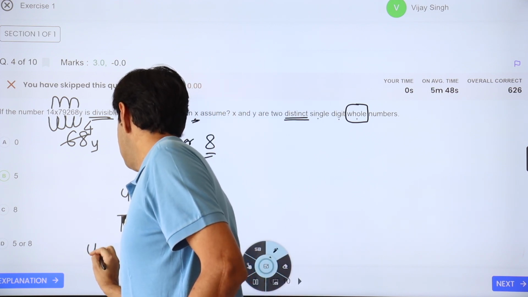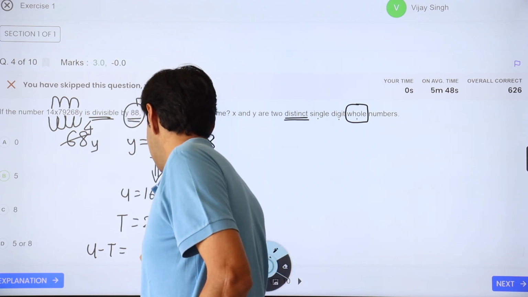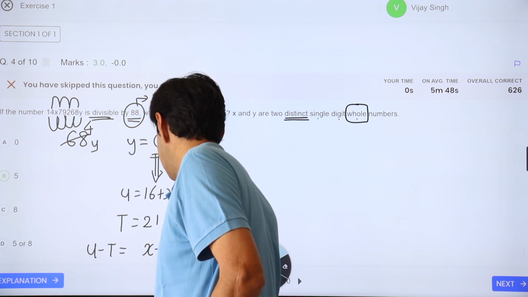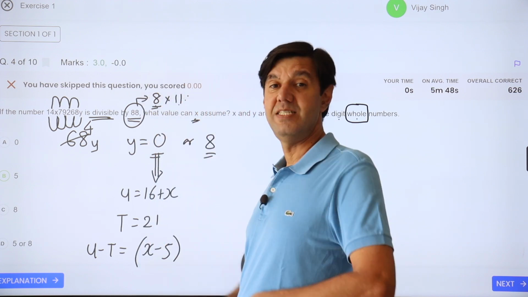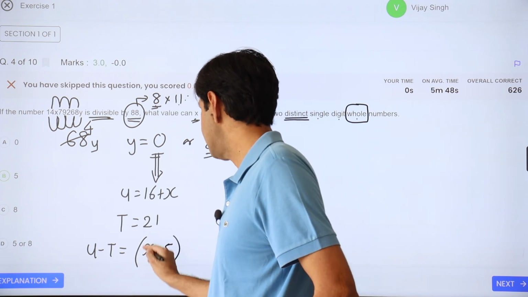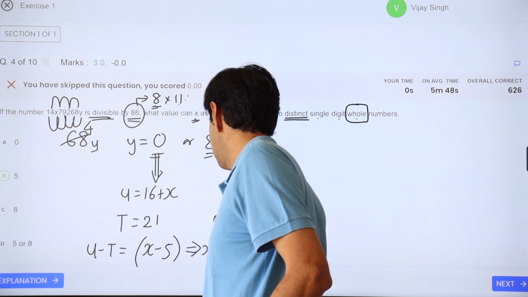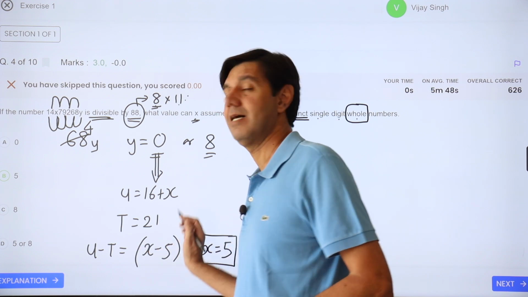So when you do the difference, what we get is x minus 5. Now this number should be 0 or a multiple of 11. So what value will make this 0? x is equal to 5. So if x is 5, this would become 0.